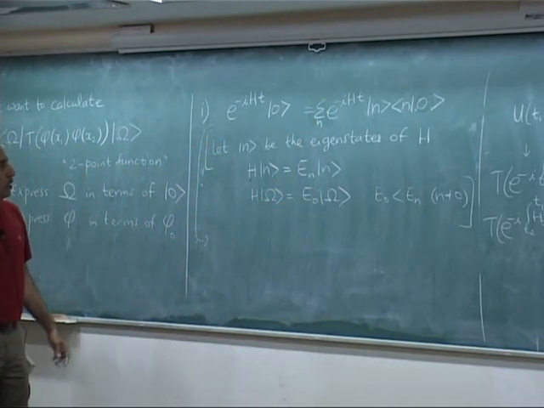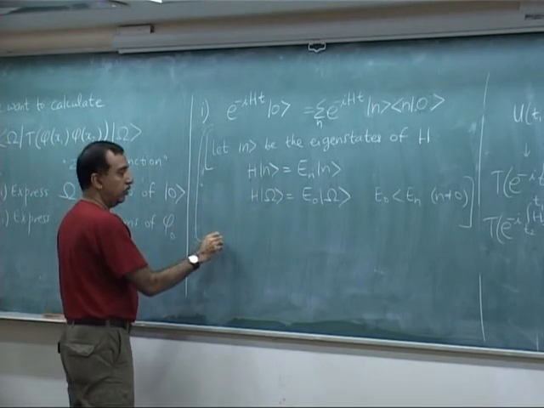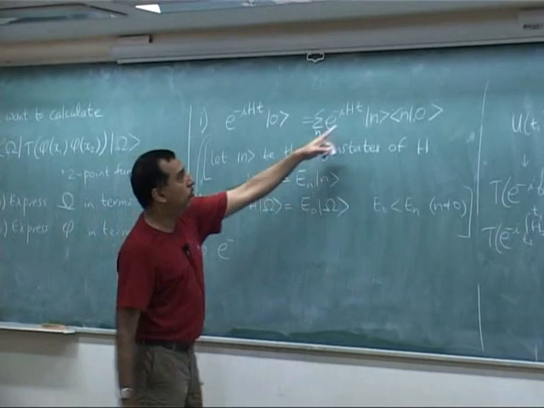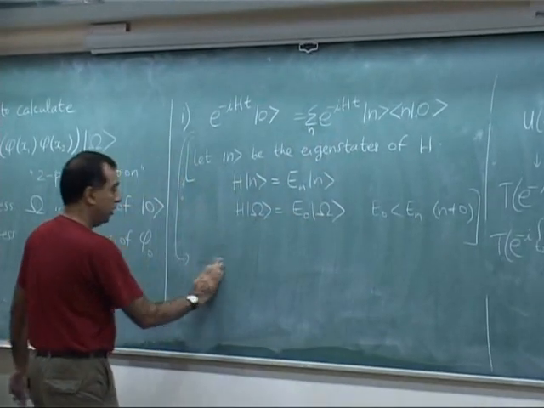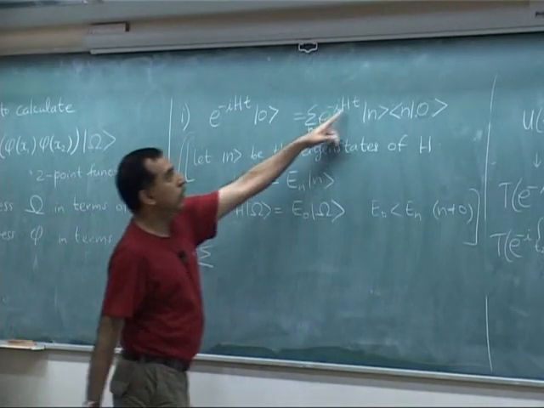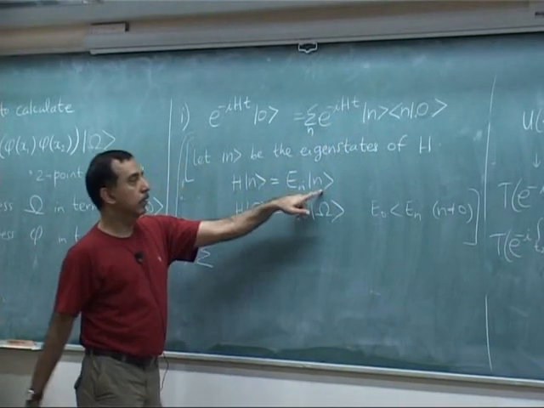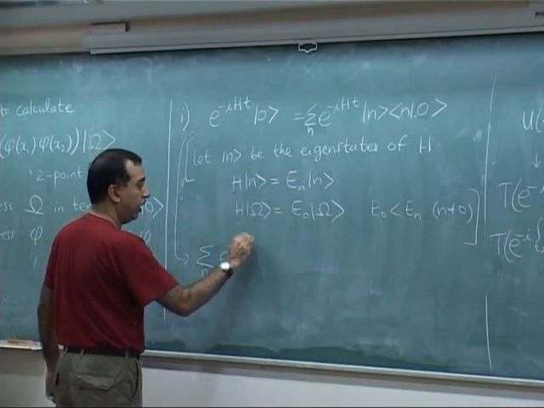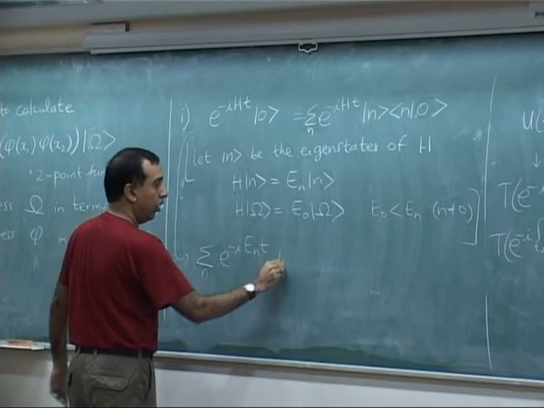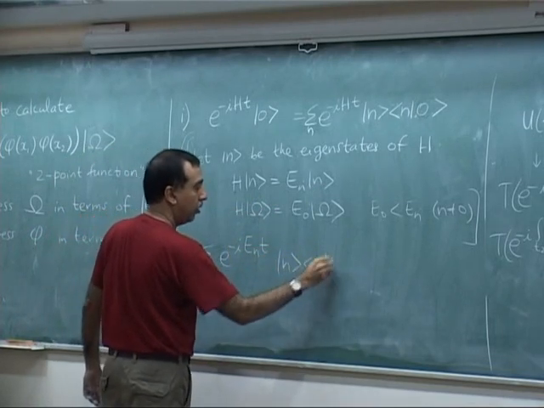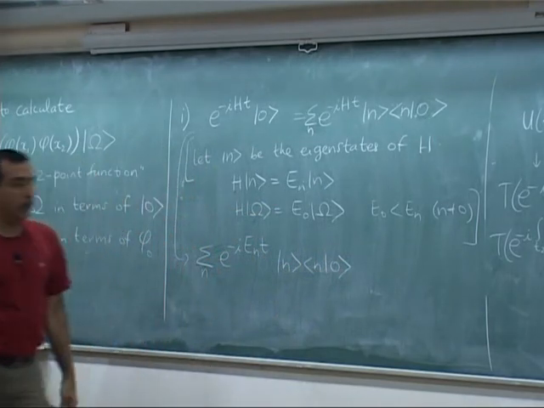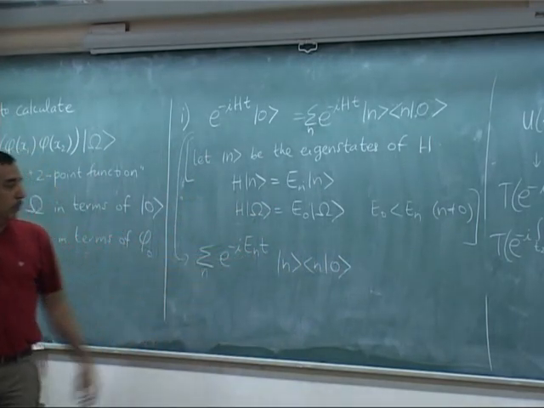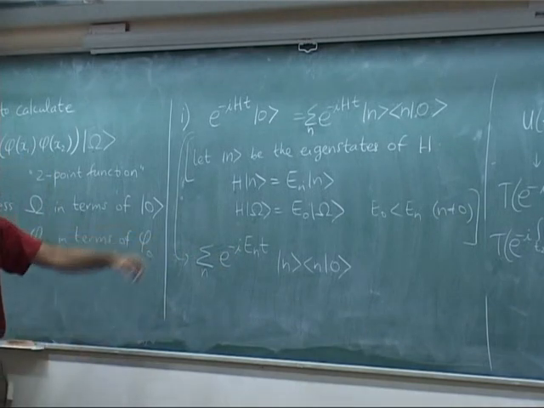Okay, so now let's evaluate that sum. First of all, now that I have this, I can use the fact that H on |n> is En on |n>. So this is the sum over n, e to the minus i En t, |n><n|0>. I've simply used the fact that the eigenvalues of H on |n> are En.